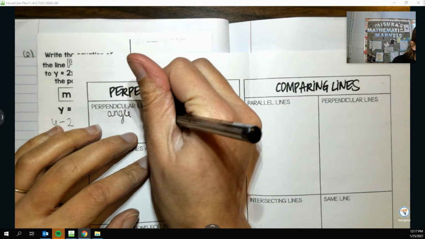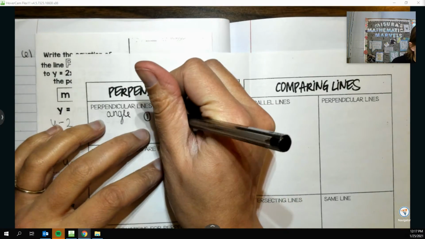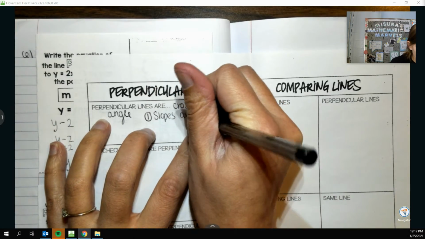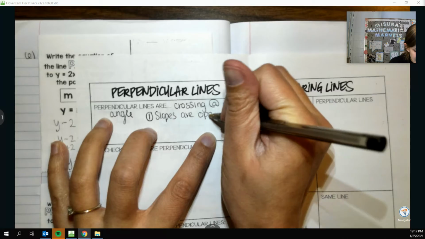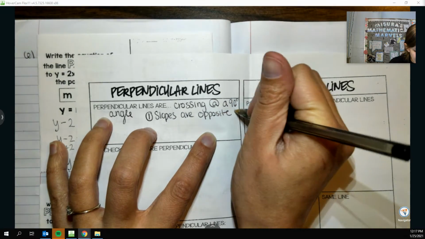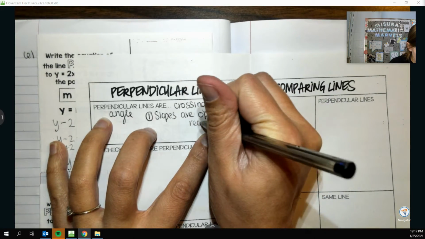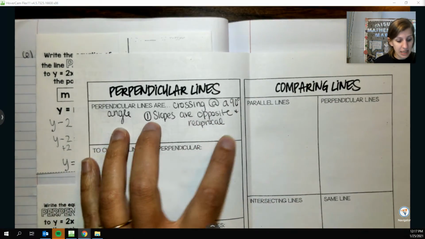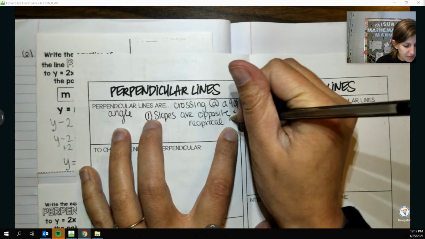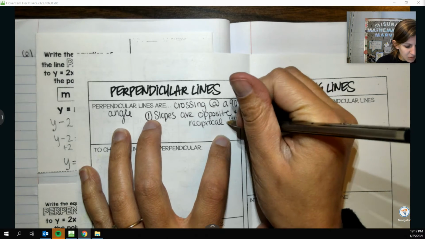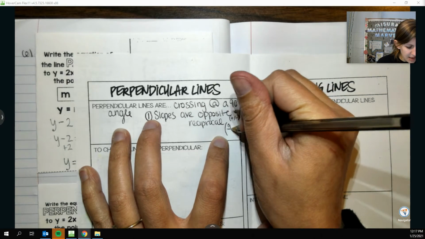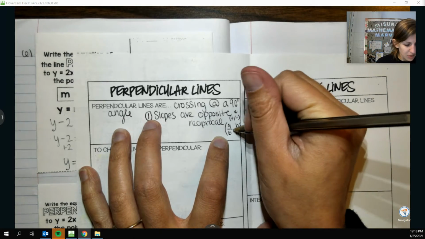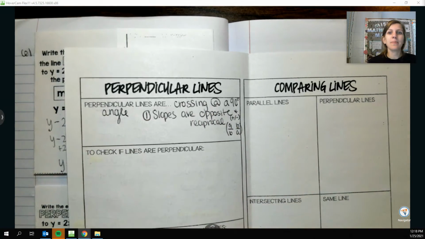The thing that has to be true about the slope is that slopes are opposite and reciprocal of each other. Opposite means one is positive, one is negative. Reciprocal means if one of them is A over B, then the other is B over A. So we do a little flippy-do, flippy-flip.